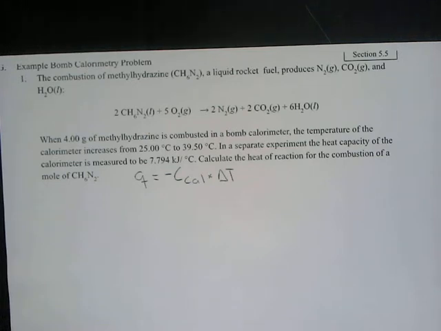In a separate experiment, the heat capacity of the calorimeter is measured to be 7.794 kilojoules per degree Celsius. We want to calculate the heat of reaction for the combustion of 1 mole of CH6N2, or methyl hydrazine.